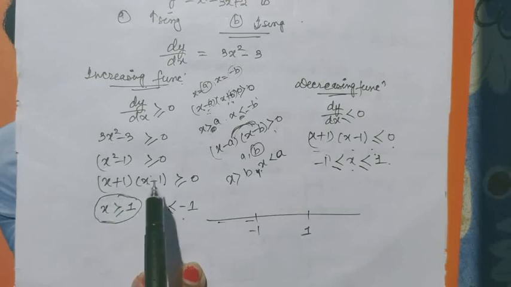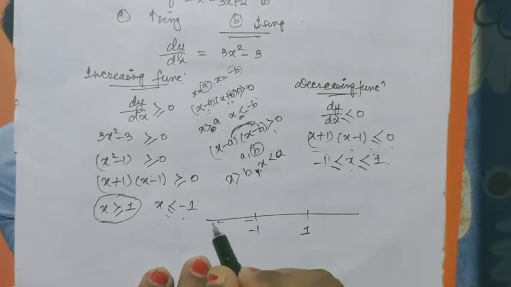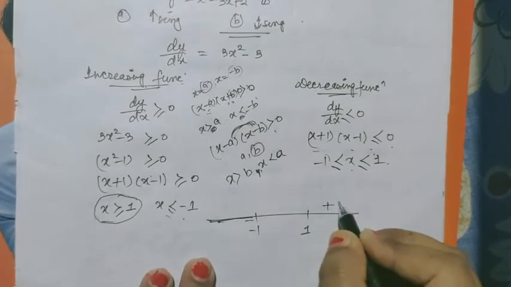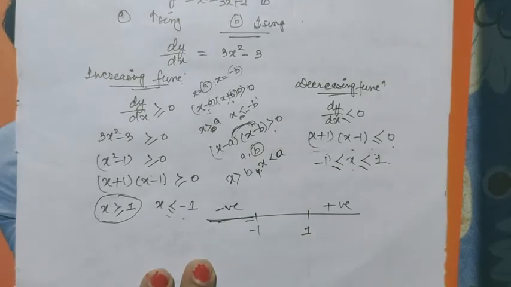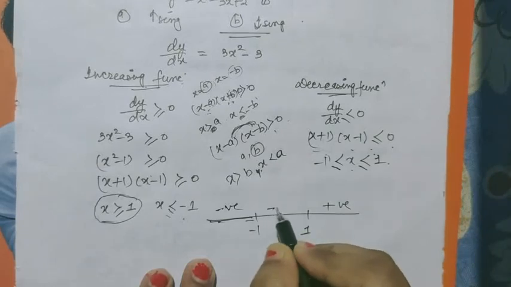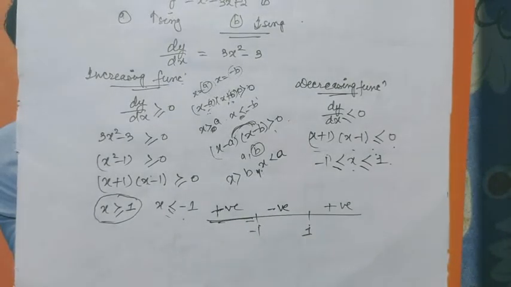Yes, dy by dx is positive when x is greater than or equal to 1, meaning in this interval, and when x is less than or equal to minus 1. And it is a decreasing function, that is dy by dx is negative, in the interval minus 1 and 1.